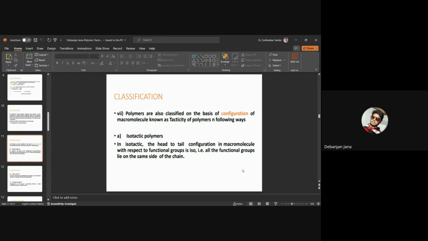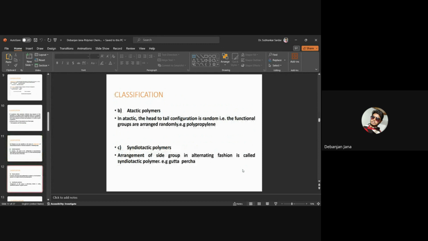In isotactic, all the functional groups lie on the same side of the chain. In atactic polymers, the head to tail configuration is random. The functional groups are arranged randomly. Example, polypropylene. In syndiotactic polymers, the side groups are arranged in an alternating fashion. Example, gutta-percha.